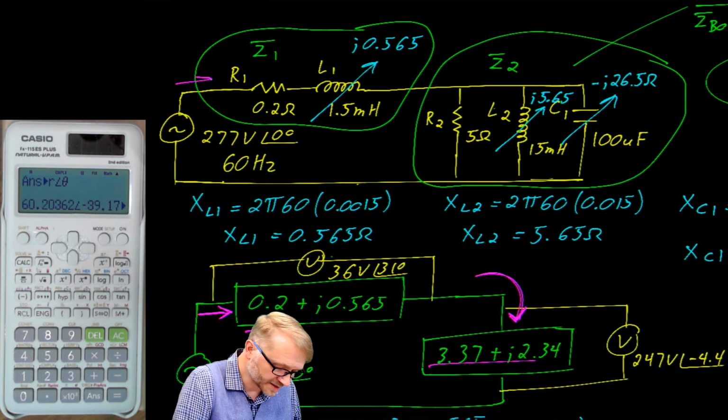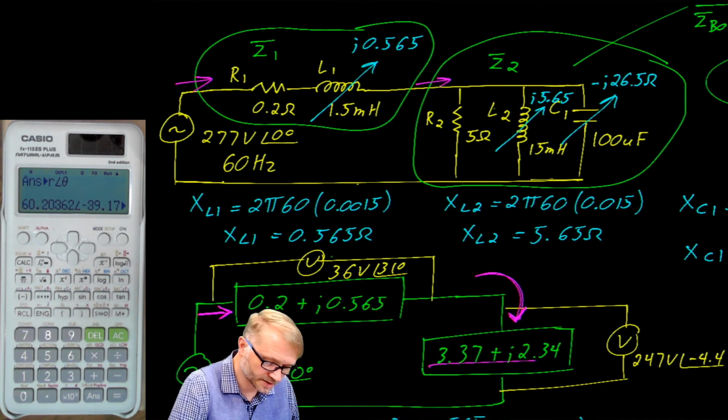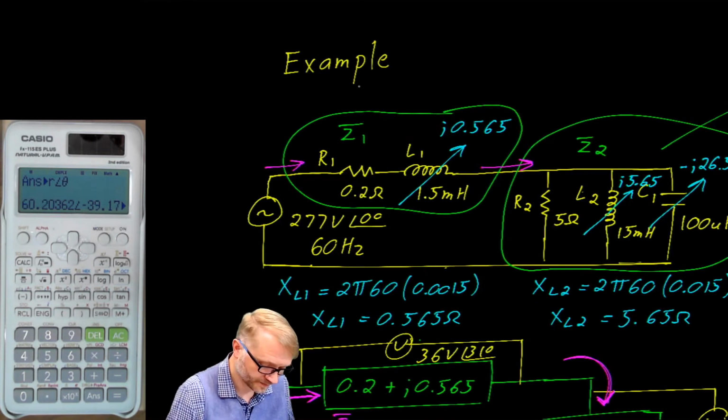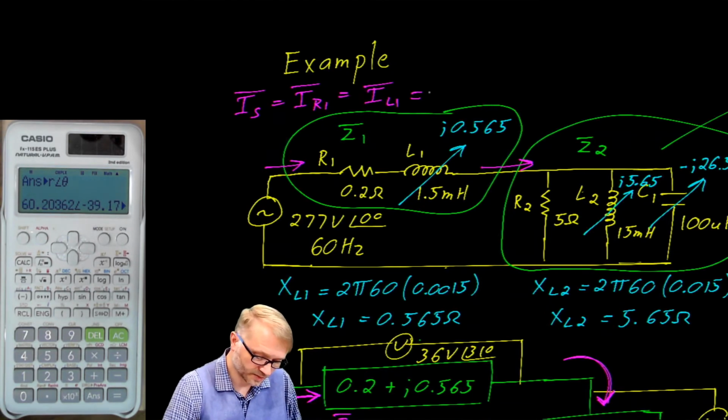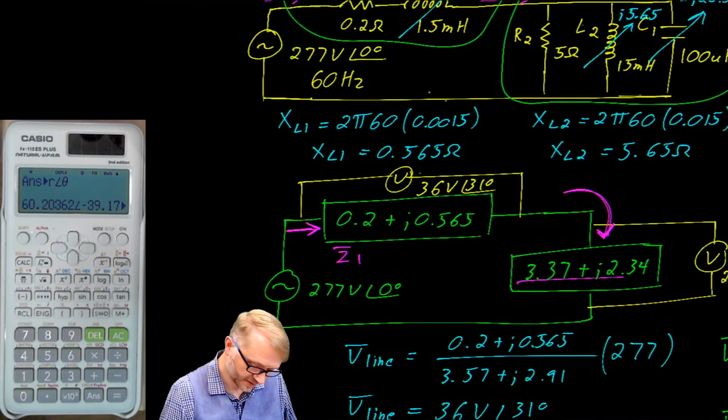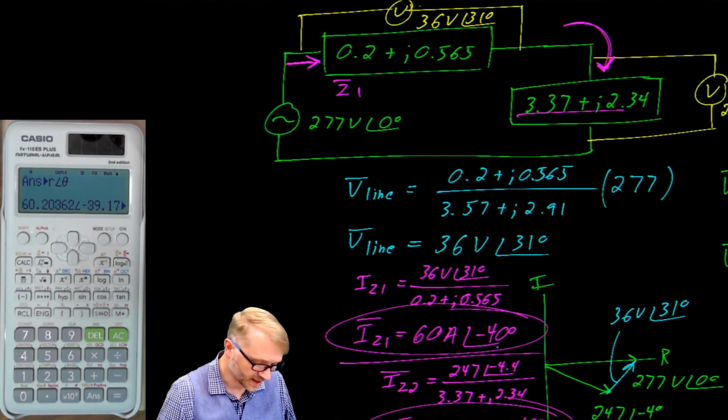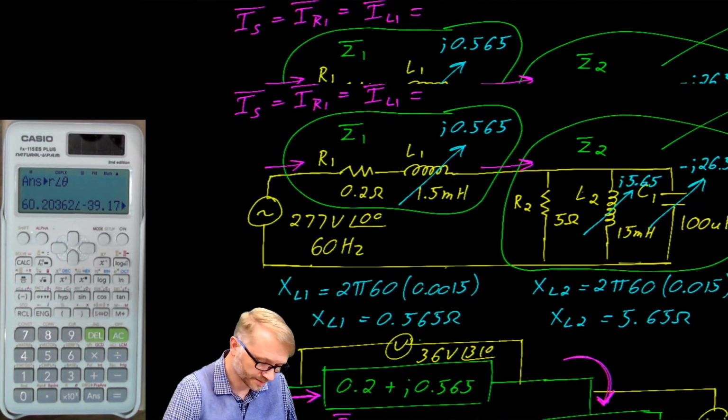We calculated this current here, and we calculated the current going into impedance 2. I think you'll agree that the source current is equal to the current on R1 is equal to the current on L1, which is the current we just calculated. I believe it was 60 at a phase angle of -40.